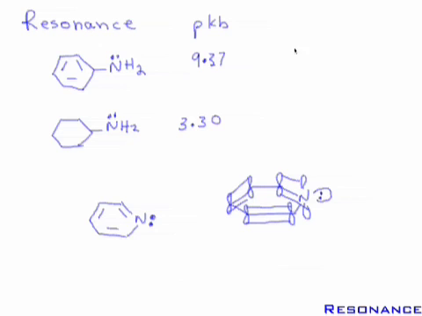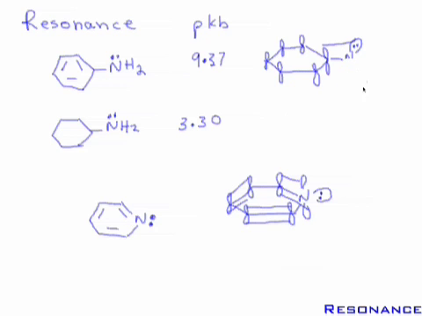Now let's look at an edge-on view of aniline and put in our 2p orbitals of the ring. Even if I draw the nitrogen sp cubed, so that I got an H here, an H here, and a lone pair here, I can imagine some side-to-side overlap with that lone pair into the ring.